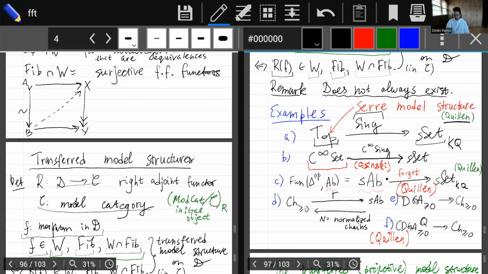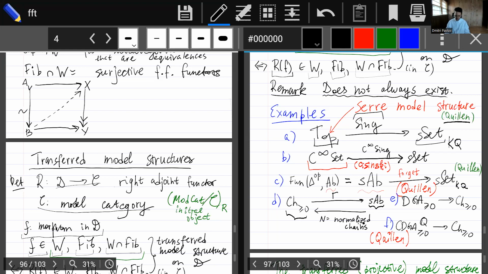And why is this important? Well, something called the Dold-Kan correspondence establishes an equivalence of categories between simplicial abelian groups and non-negatively graded chain complexes. And the functor in one direction is familiar to you as the normalized chains functor.